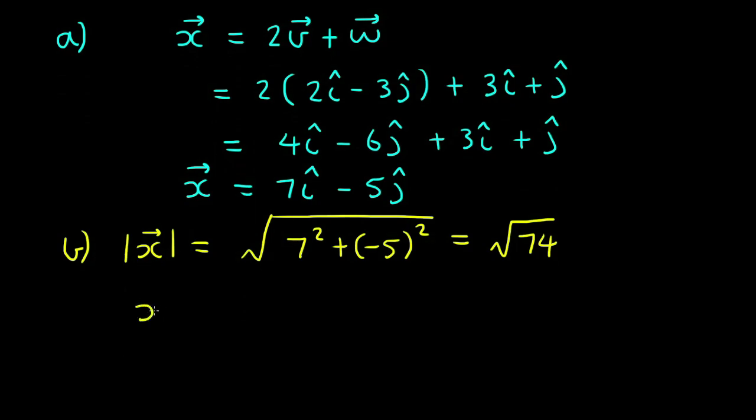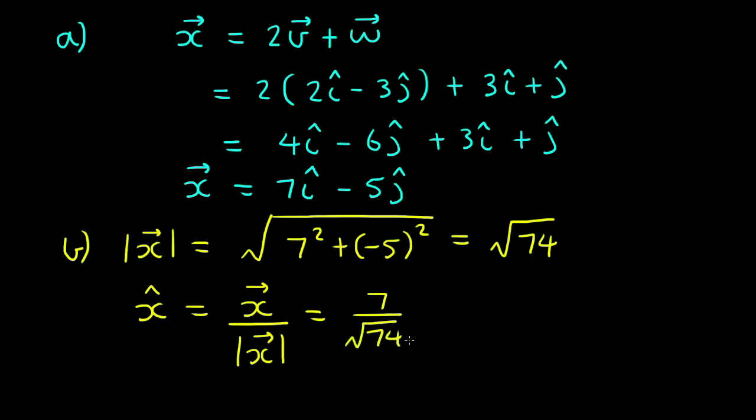And therefore the unit vector is equal to X on the magnitude of X, which is 7 on root 74 i minus 5 on root 74 j. And you can verify that the magnitude of this vector is equal to 1, which I'll leave for you as an exercise.